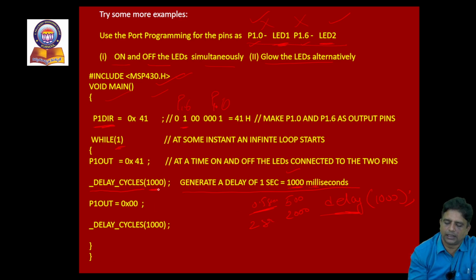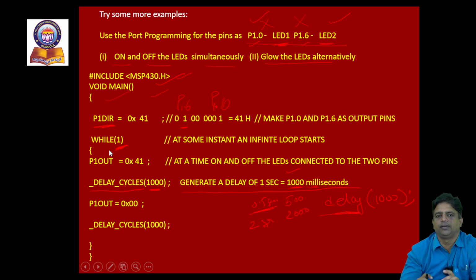So the millisecond value is represented. This program shows that first the two LEDs will be on for a 1 second delay, then the two LEDs will be turned off for a 1 second delay, and this will be a continuous operation while the clock is going.